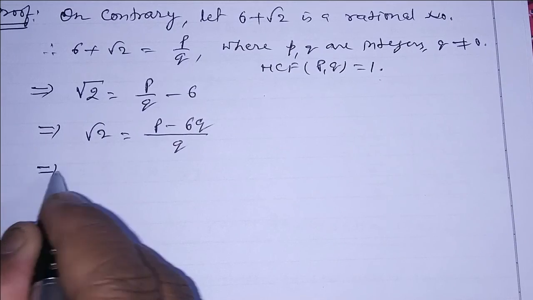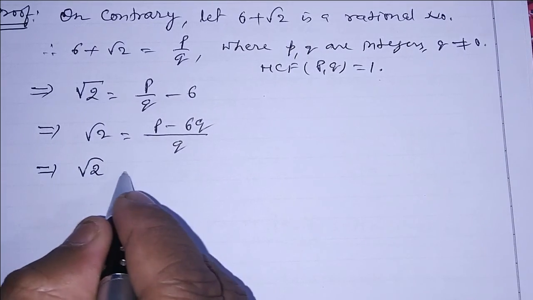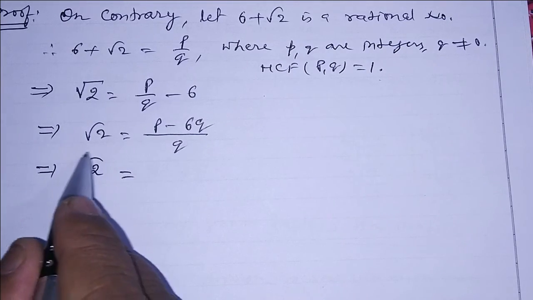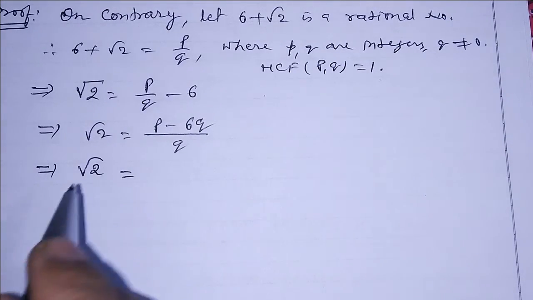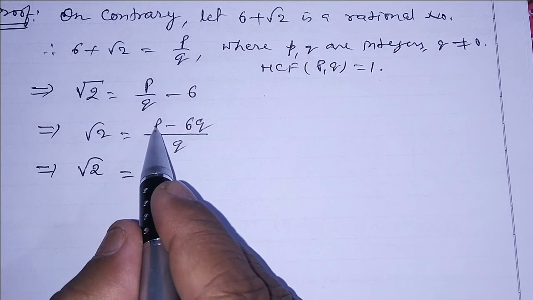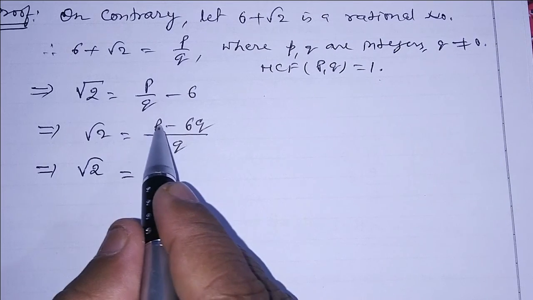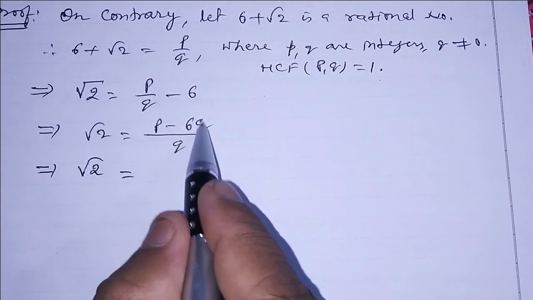Now you will find here is root 2, and you know root 2 is an irrational number. We proved in previous cases that root 2 is an irrational number. Here p is an integer, q is an integer, 6 is an integer.